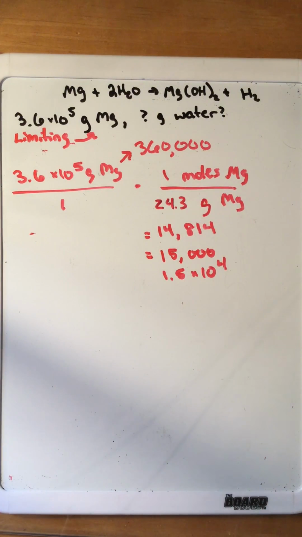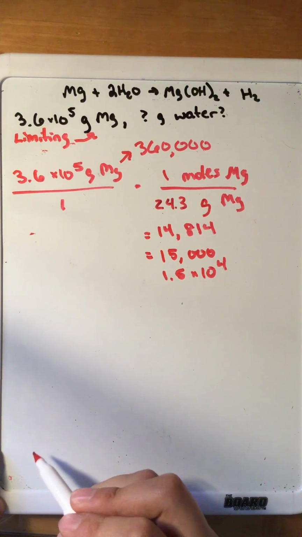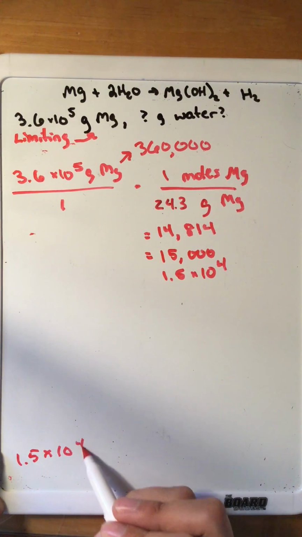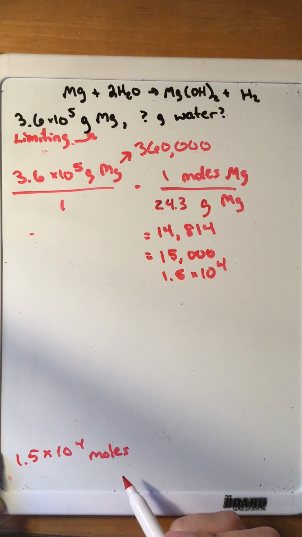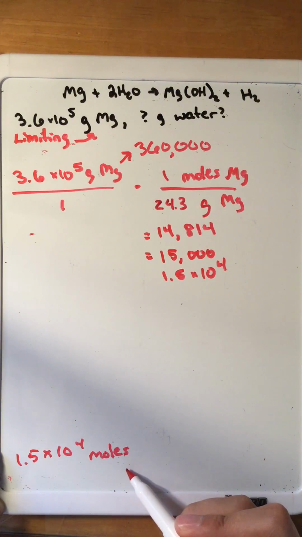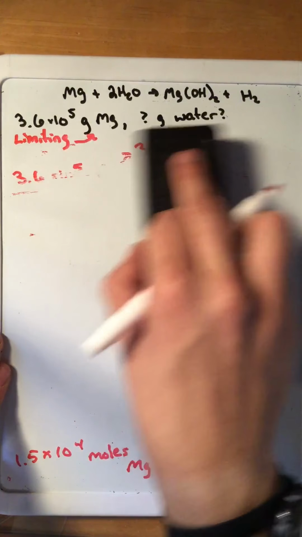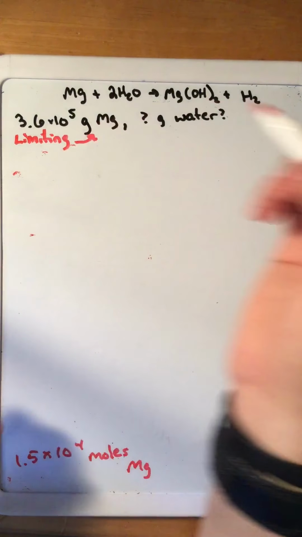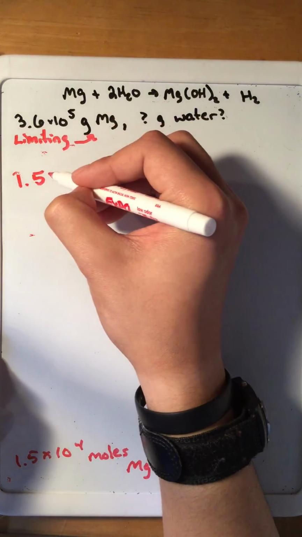That works the same as well. And that's what I'll stick with, I think. I'll write this down here at the bottom. 1.5 times 10 to the 4th moles of magnesium. So we move on to the next step. We already got moles of magnesium. We want to move from moles of magnesium to moles of H2O. So we'll keep on trucking through.